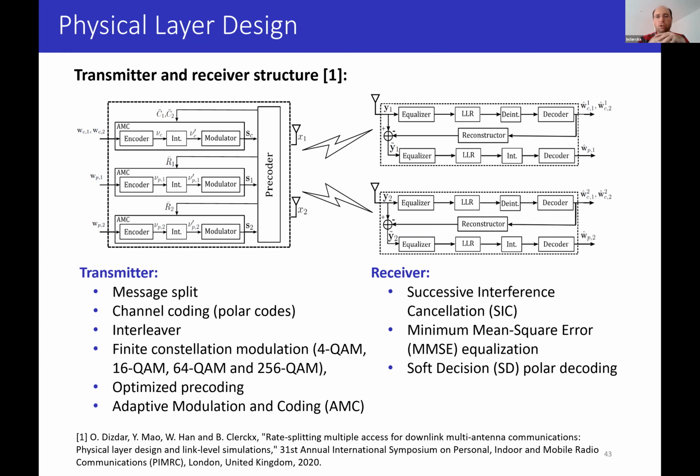And then you can use simple SIC receivers, and you can adjust the rates of the 2 streams of user 1, such that you can avoid having to do some form of TDMA.